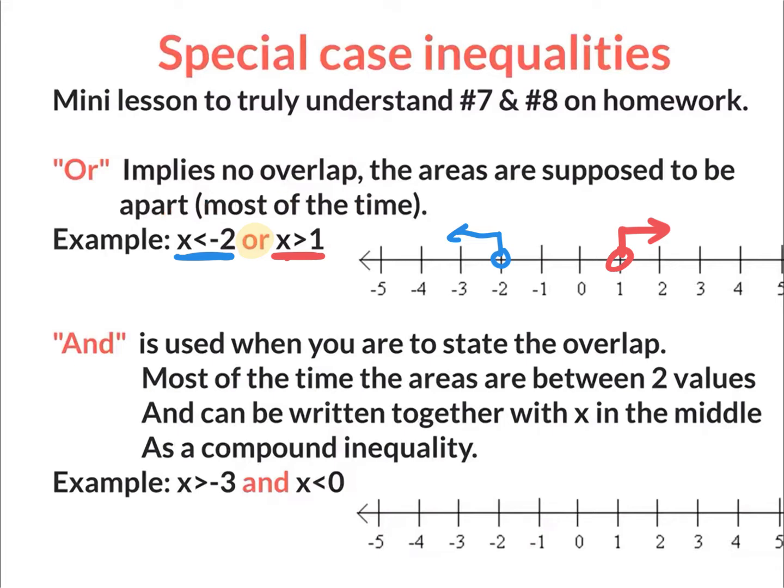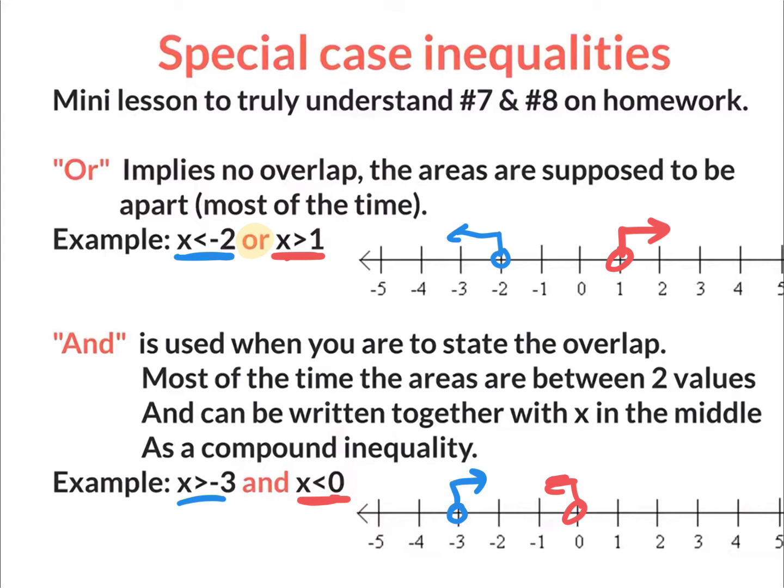Now, let's take a look at the word and. Most of the time, we use the word and when the area is between two values. Okay, so let's graph this one. X is greater than negative 3, greater than is to the right. X is less than 0, less than is to the left.